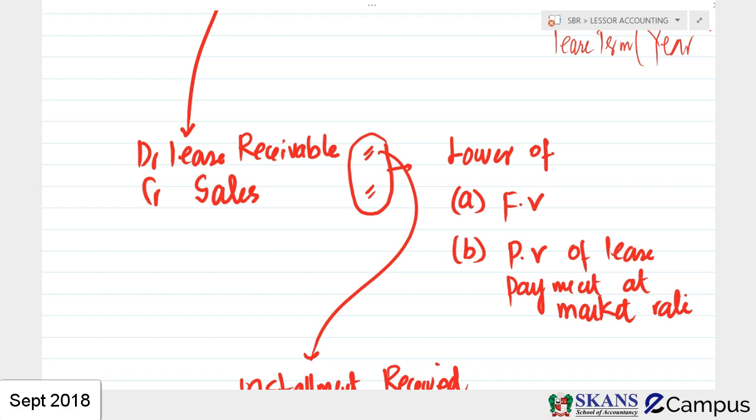So what they are doing, they will pass a journal entry: lease receivable to sales, because they are selling the goods. So debit is lease receivable, credit is sales, and the amount that we are going to use for the journal entry will be the lower of, this is important, the fair value of the goods and the present value of lease payments at market rate.